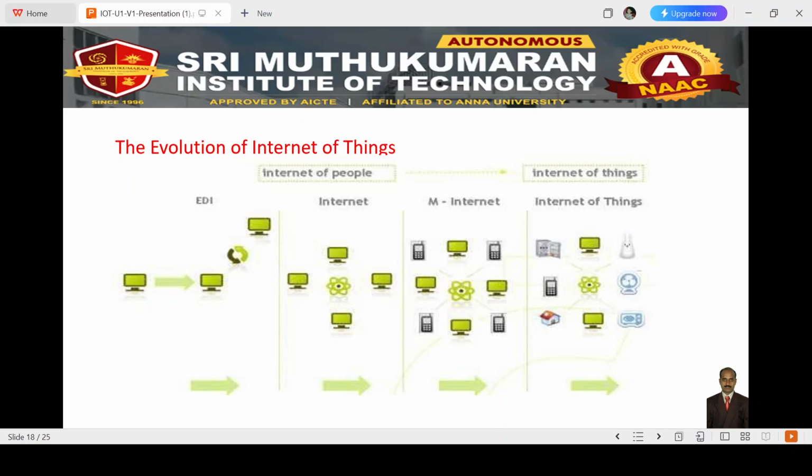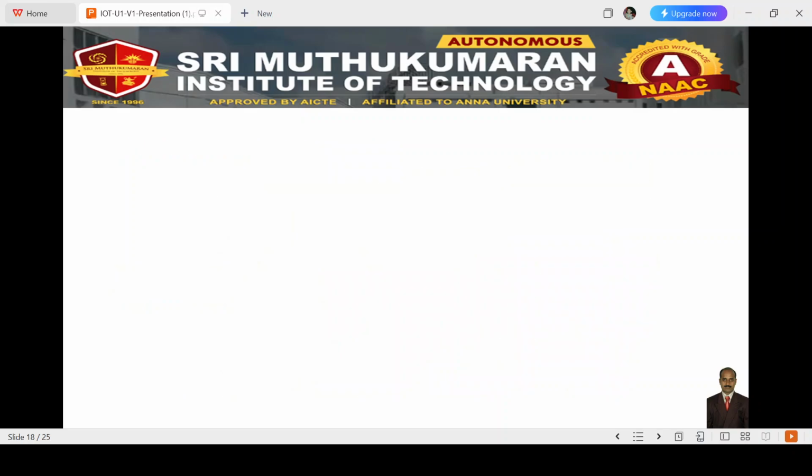Then came machine to internet. So even with computers, the machines started doing communications. That's one more step. After this, the Internet of Things came into the picture. That means not only machines, smart machines, any device embedded with some intelligence can communicate and exchange data. That is what the Internet of Things is.